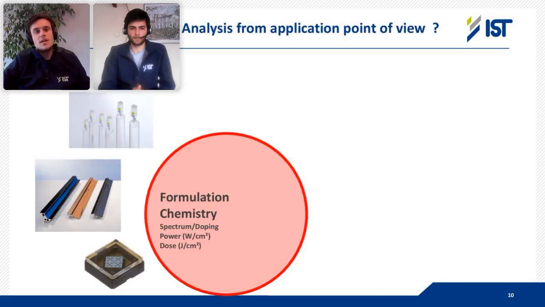First, we look at the formulation. We look at the chemistry itself, which is in fact the product we want to cure, and so that will react with our UV light.